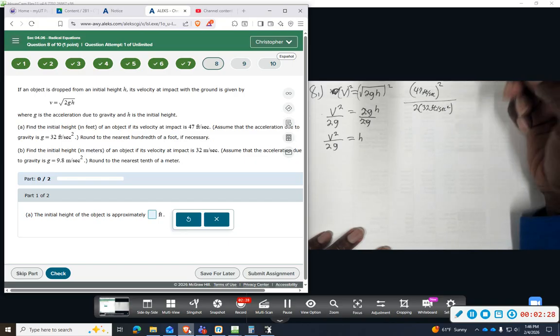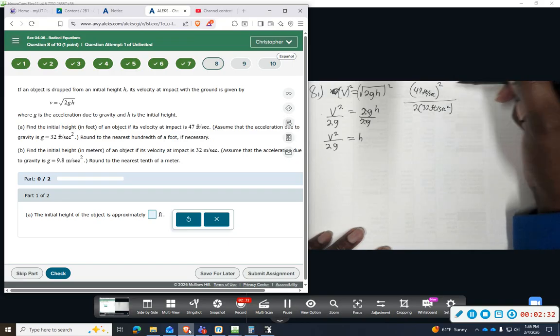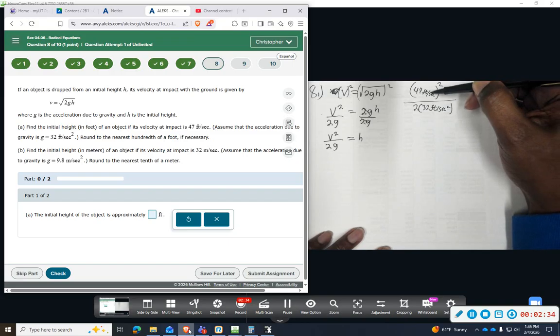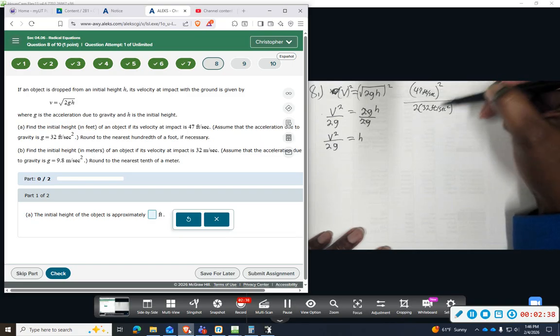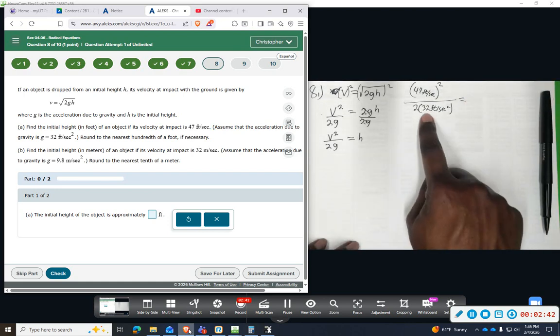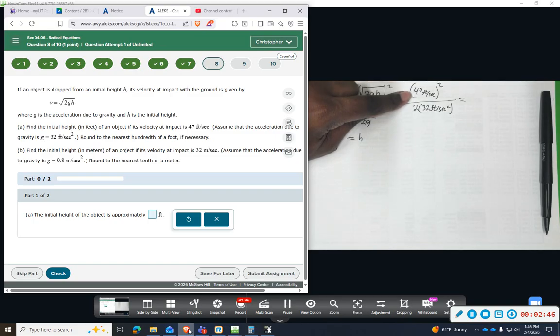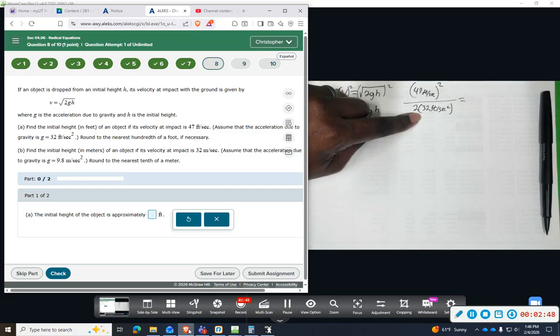So what's going to happen when you square this? You're going to have feet squared, second squared. Second squared here cancels out second squared. You have feet squared, divide out 1 feet, and we'll have our unit in feet after everything divided out. So all I'm going to do, I'm going to do 47 squared divided by 64.